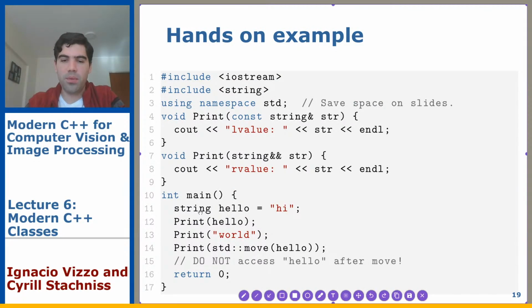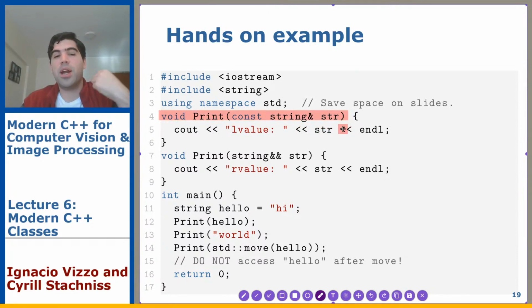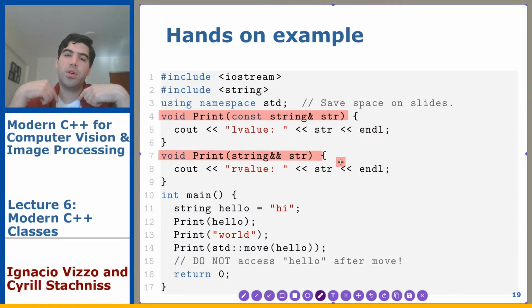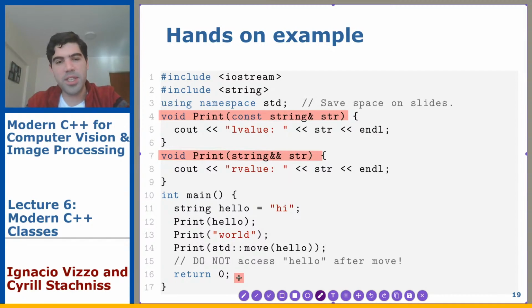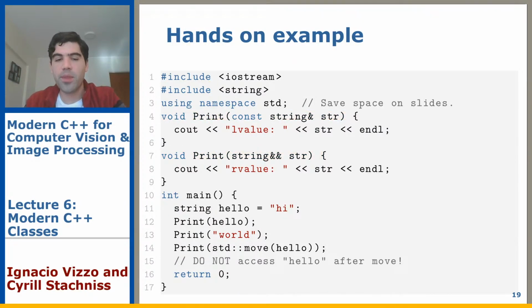There's one example here. Let's quickly go through it. We have one print function that takes as input argument an R value, and the same function name, as we saw in the overloading examples in the function lecture, can be used with different arguments. Here you use the double ampersand to say, okay, this is an R value. If you try this example, you will play around and it will help you understand the concept.